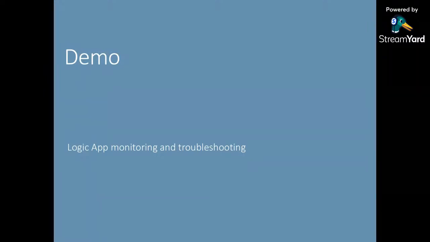I'm going to have to do the demo on my laptop. What I'm going to show you is how we track a customer order from the point that it comes into our process to the point that it goes to BidDirect. Then I'll come back and show you an architectural diagram that explains that. What I'm trying to show here is how we do the logic app monitoring, because a lot of what we do is based around the way that we do our monitoring.